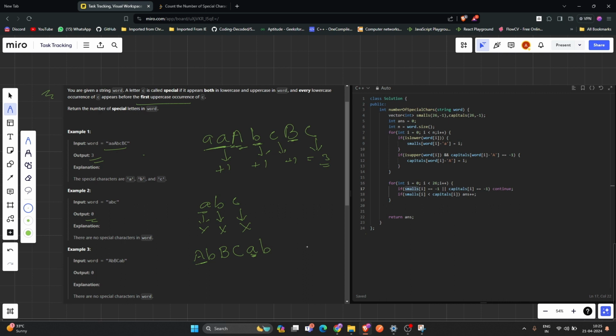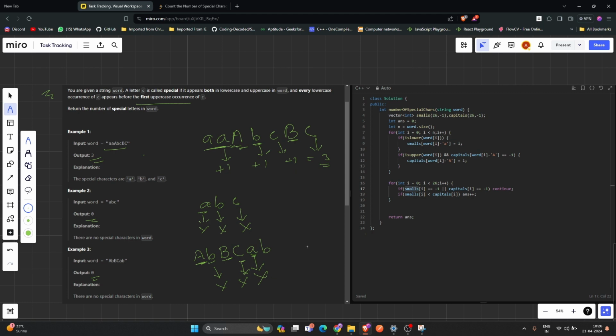But here, capital A is first, and only after that small a is coming, so it won't be a special character. Next, talk about B. Similarly, in B also, lowercase b is coming before uppercase B, so it also won't be a special character. Similarly, for C, we don't have small c present, so it won't be a special character. So this is why the answer is zero special characters in this word.